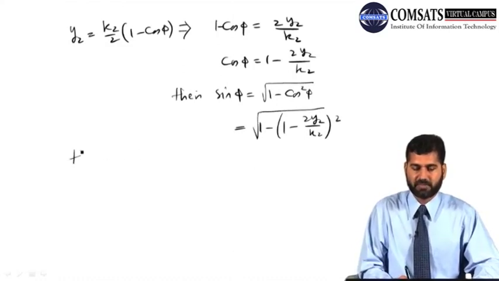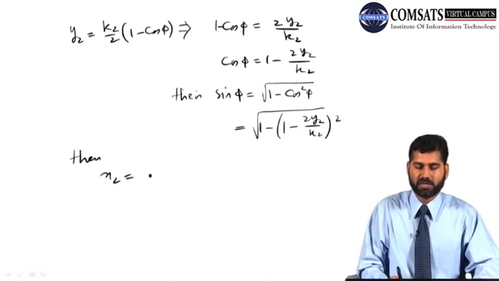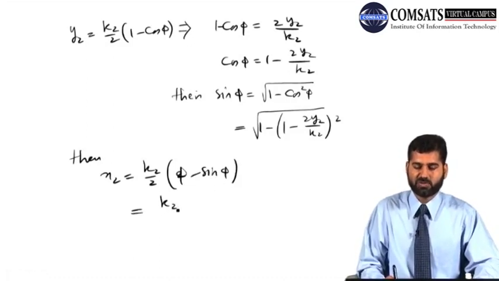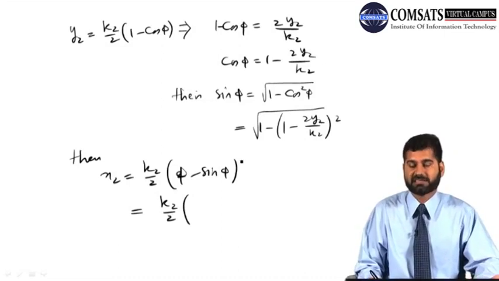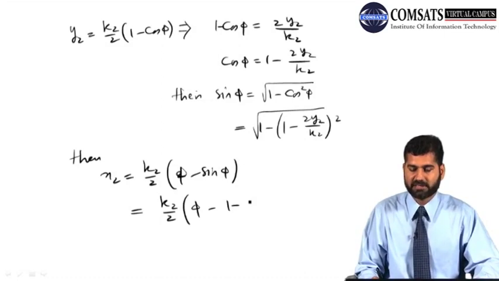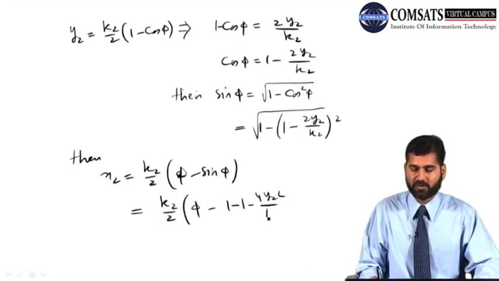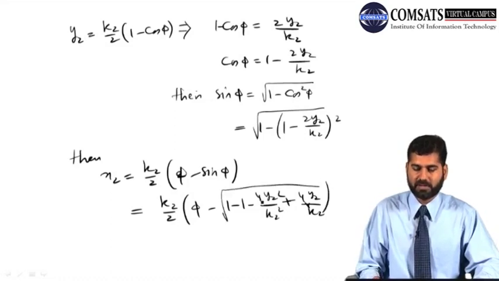Then x2 is equal to k2 by 2 times (phi minus sine phi). The value of phi can be written in terms of sine or cosine, whatever. Minus sine phi is given by 1 minus 4y2 square by k2 square plus 4y2 by k2. 1 and 1 are cancelled, so you got this thing.